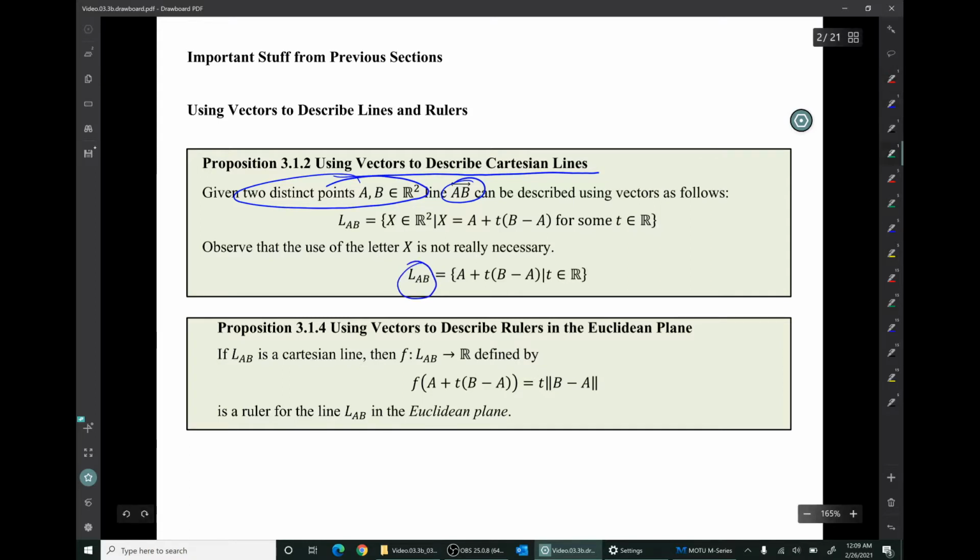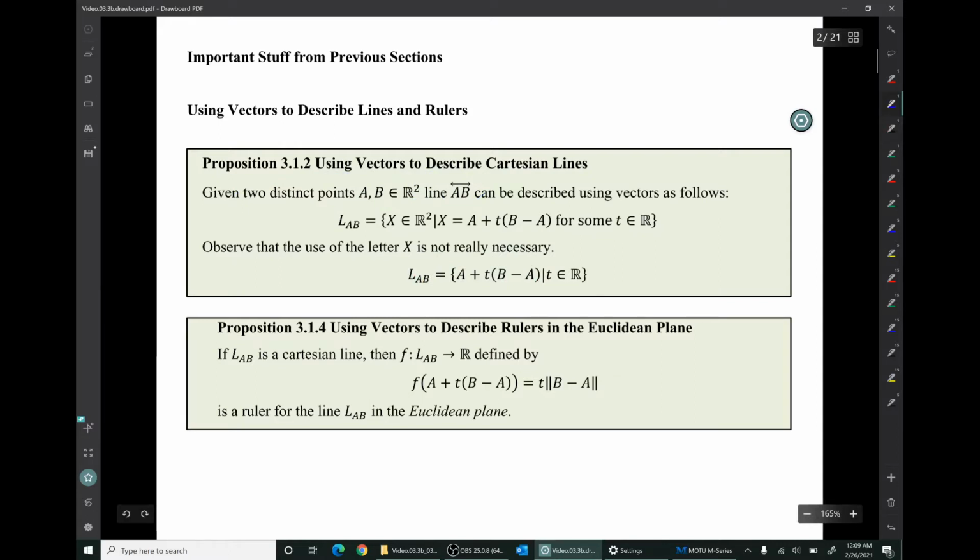You take the point A, you think of it as a vector, and you put it here and here. You take the point B, and you think of it as a vector, and you put it here, and then you put a parameter t here. The collection of all of these such things, where t is a real number, those vectors correspond to points, the points that are on line AB.